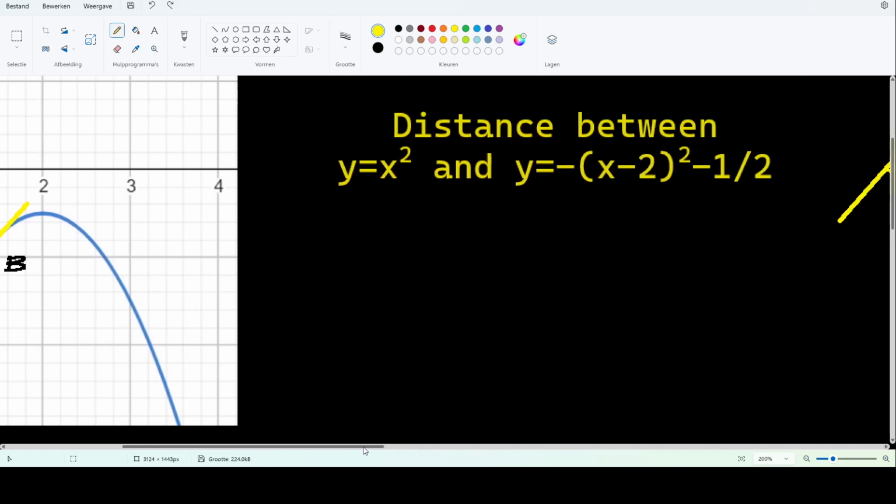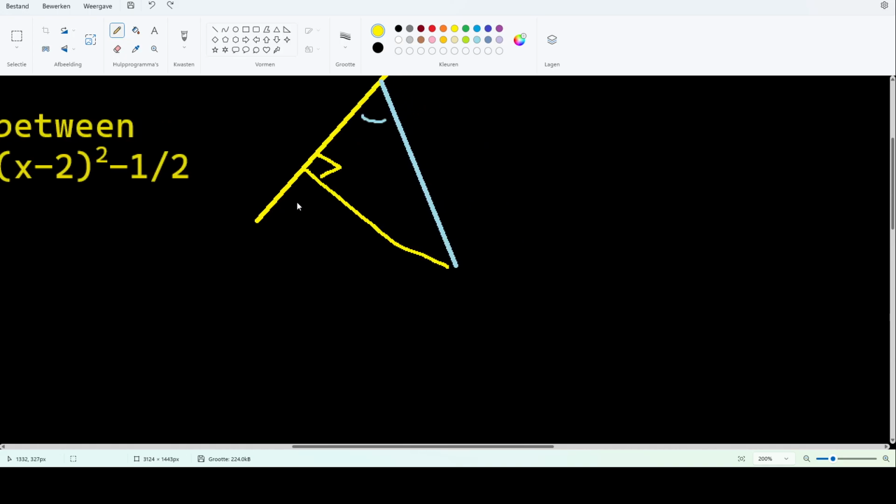Let's zoom out a bit. Let's say this is the yellow line here, the tangent line, and suppose that this blue line is the line between A and B. So somewhere here you have A and somewhere here you have B. Well, what you can do is draw a line from here which is perpendicular to this yellow line, which is this line here.